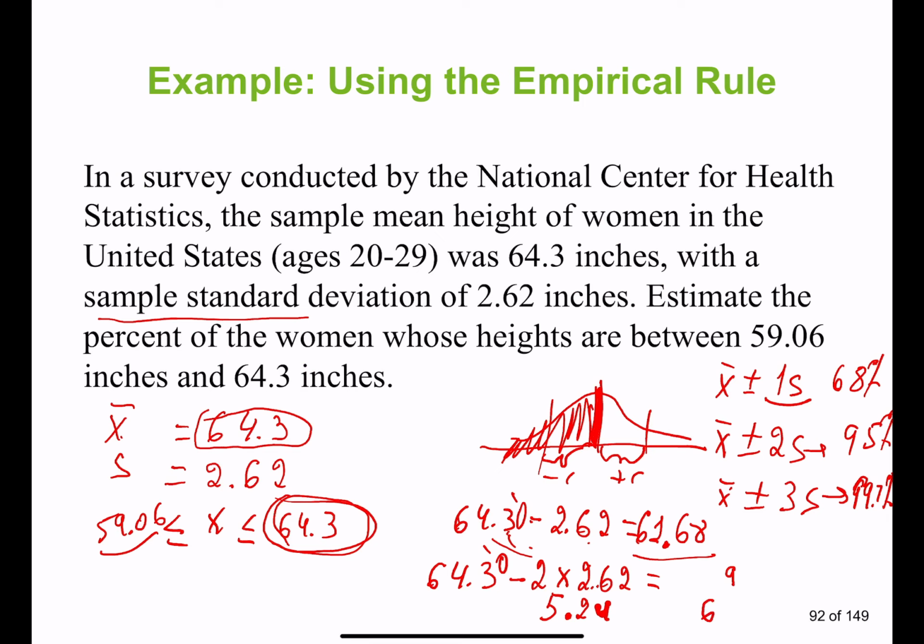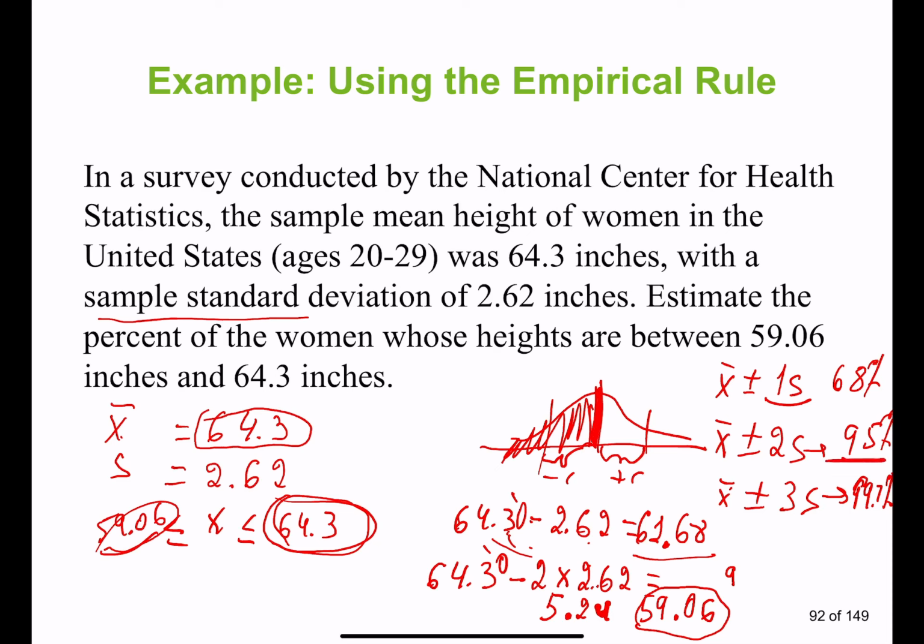Here will be left 2. 2 minus 2 is 0. 14 minus 5 is 9, and here left 5. Bingo, we get 59.06. And we got that number only because we multiplied 2 times our standard deviation, and that's 95%.